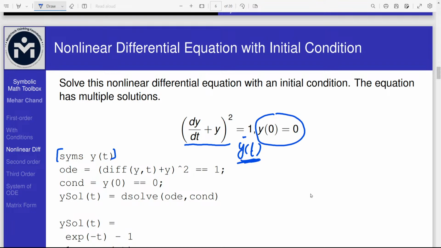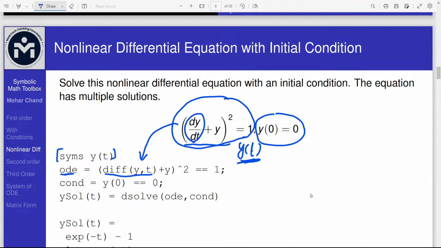First we need to store this differential equation in one assignment, ODE. ODE is equal to, see carefully and compare this statement with the MATLAB syntax. This is the same as we have. This is the first order derivative, and we write the same in MATLAB with the statement diff(y, t).